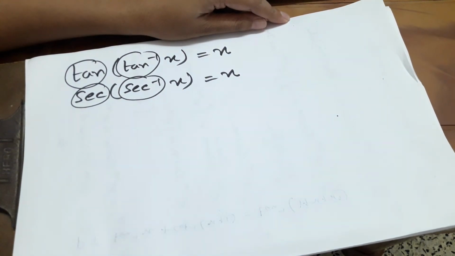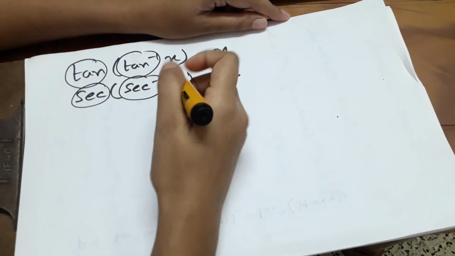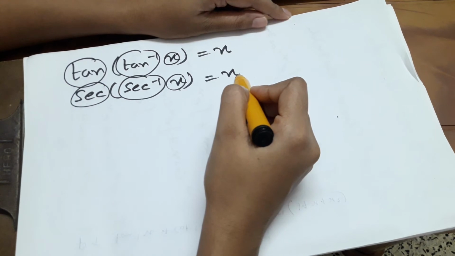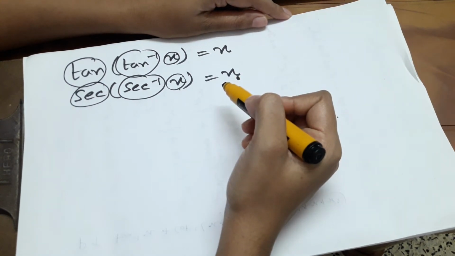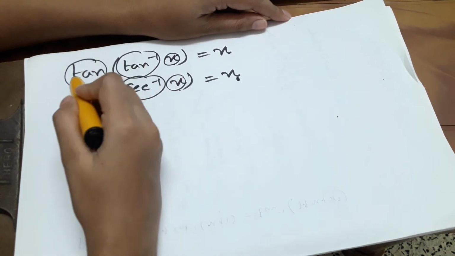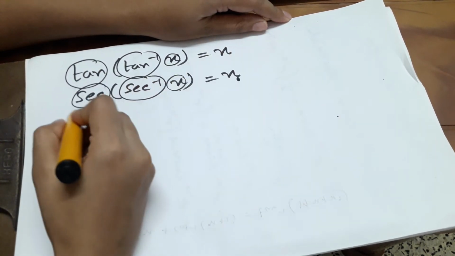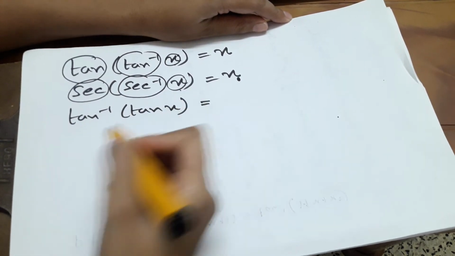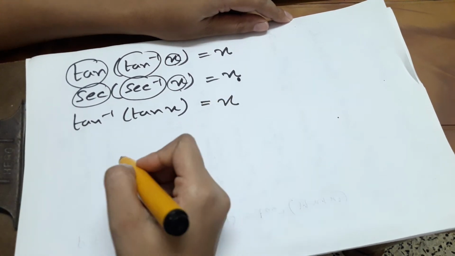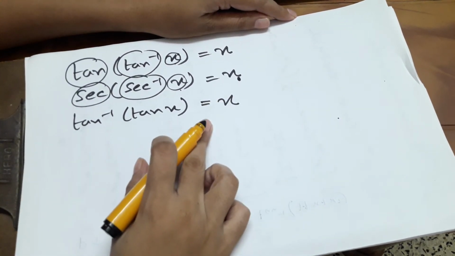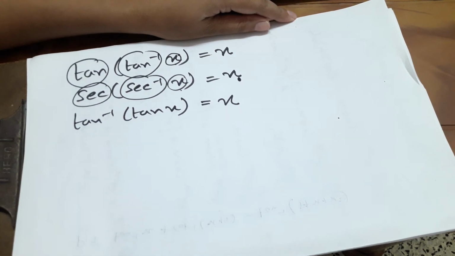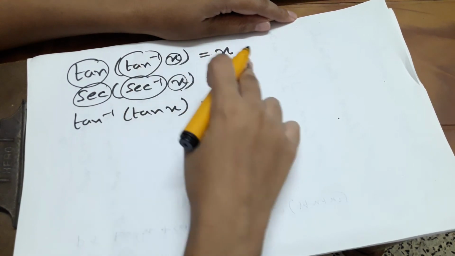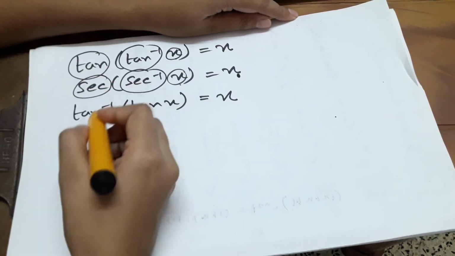Suppose cosec cosec inverse, then whatever the value is, I can write it directly. Similarly, if it is reversed, the answer will also be the same. Suppose tan inverse tan x, then also it will be x, but actually this depends on the principal value. But in most cases, if both are the same, I will just take that part.